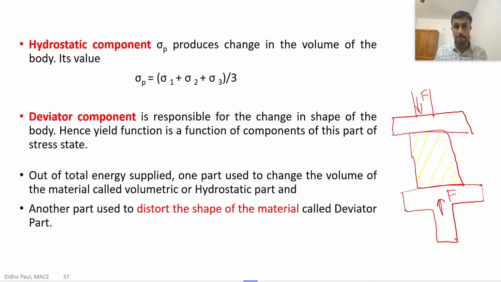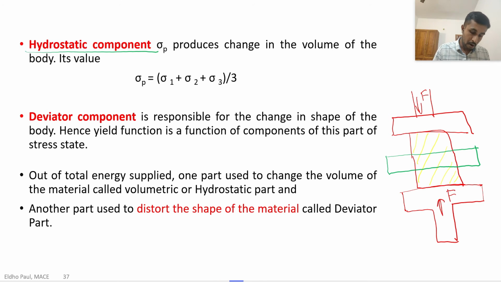After forging, we get the final body. Its height is reduced: the initial height was h, and the final height was reduced to h1. During this deformation, there will be some volume change, and this volume change is produced by the hydrostatic component.